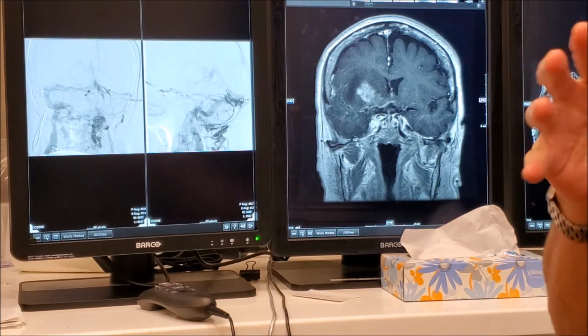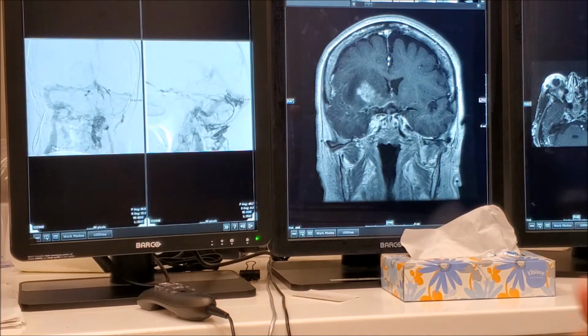Think about the middle cerebral artery: the middle cerebral vein drains into the cavernous sinus, right? So you think about it: front, down this way, up there, and through the bone.